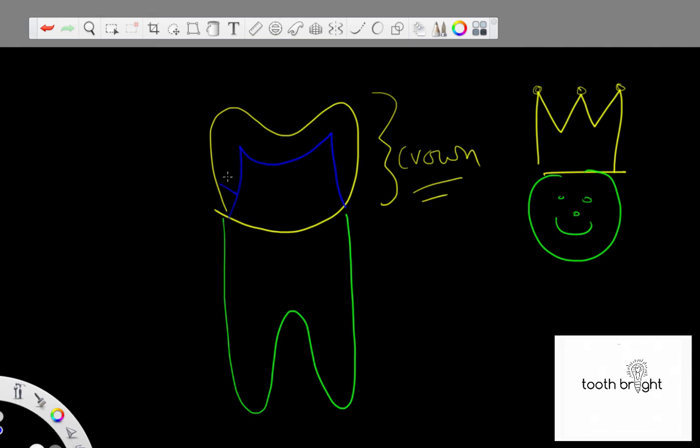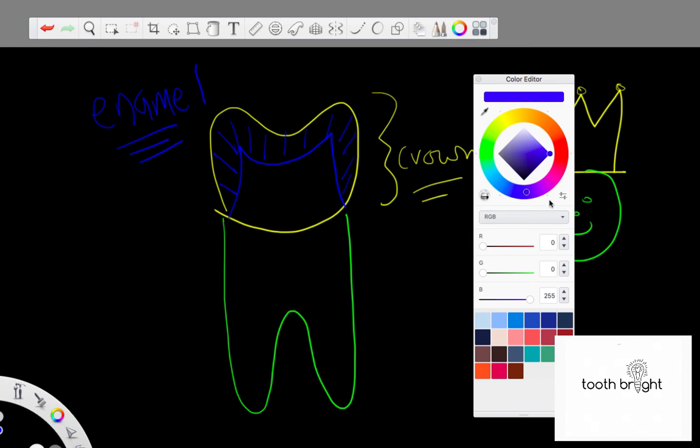This portion of the crown, that's called the enamel. The enamel is that very hard white surface on the outside. And inside that is a surface that the enamel protects, and that's the dentin layer.